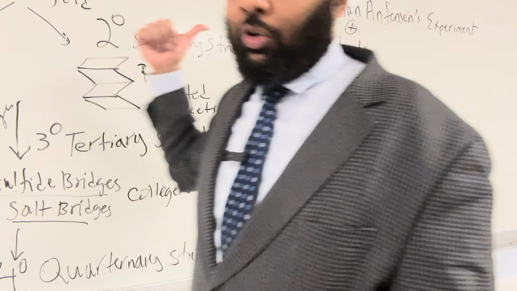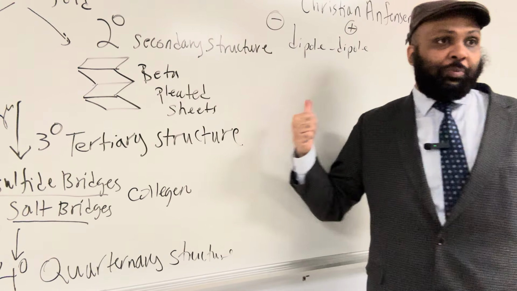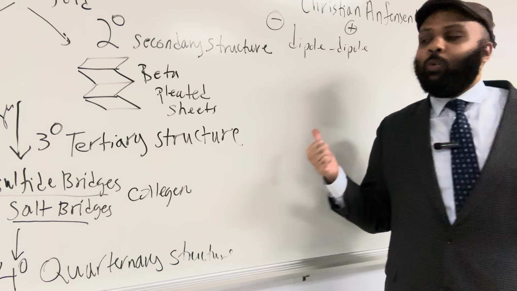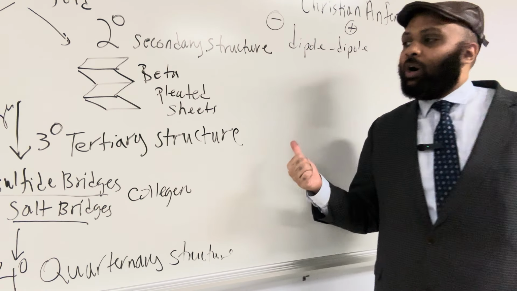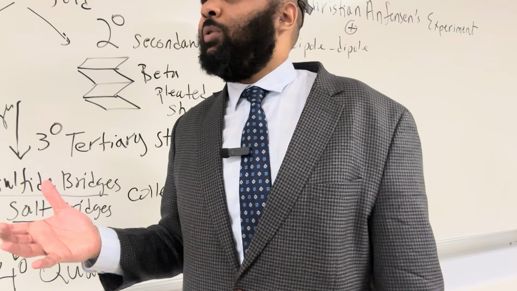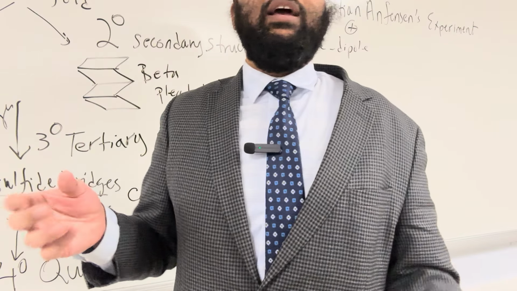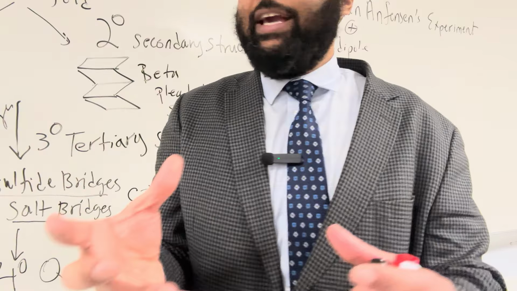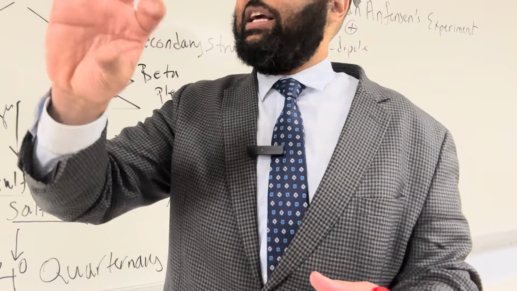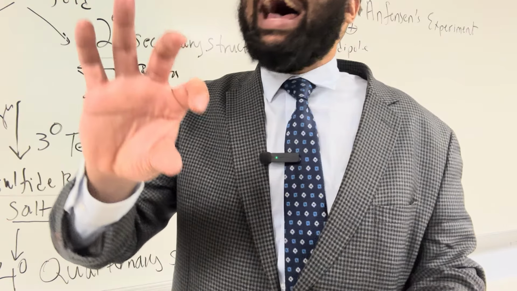So that brings us to Christian Anfinsen's experiment again. What he did was he brought a protein in a quaternary structure and a protein in a tertiary structure. Then he added heat to it. Then he started to add acid and he messed up the pH.